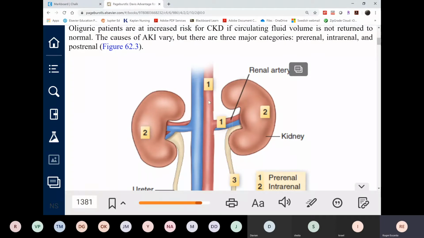What else besides heart failure? Let's say I cut Mr. Richard's carotids. He's bleeding. Can that lead to pre-renal kidney injury? Yeah.